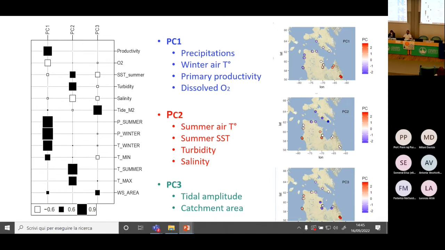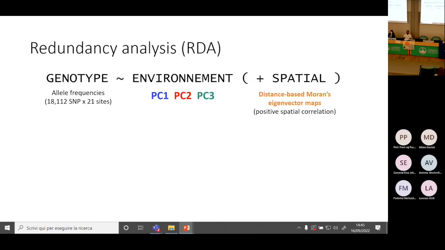So we were extra careful, maybe even too careful, but we reduced those factors to 3 axes of PCA that you can see here. You can see on the plot on the left how each of the factors relate to each of the PCs. So those are the factors that we use in our RDA.